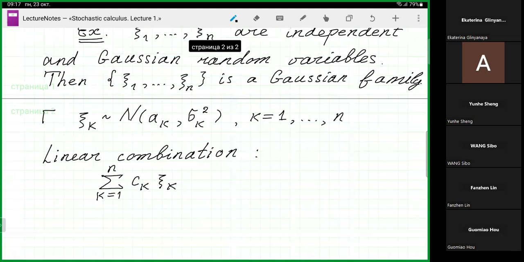So let us try to use the characteristic function.